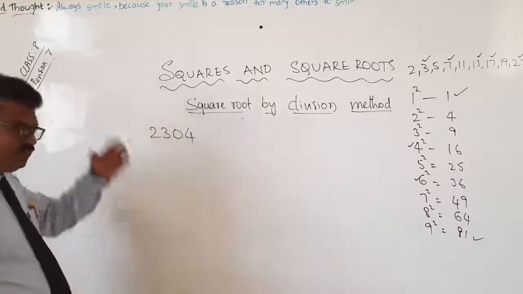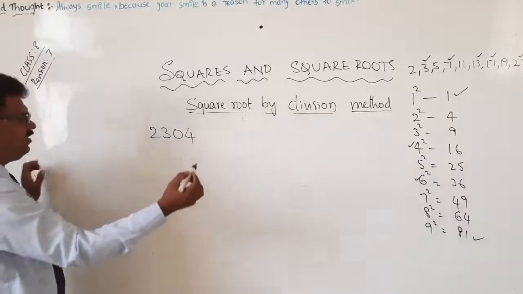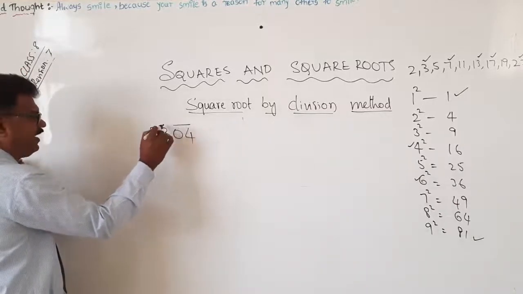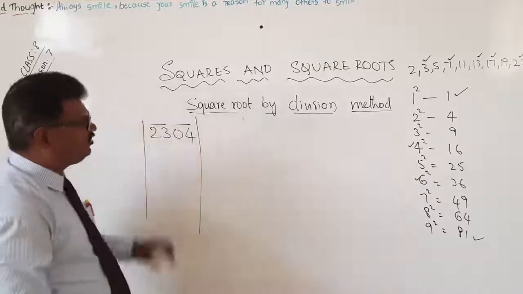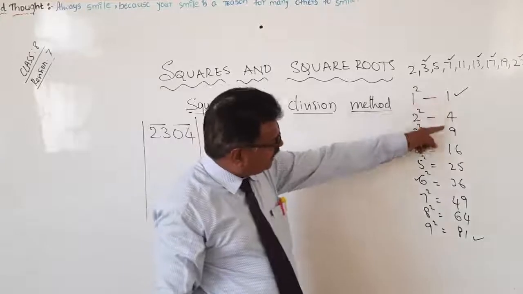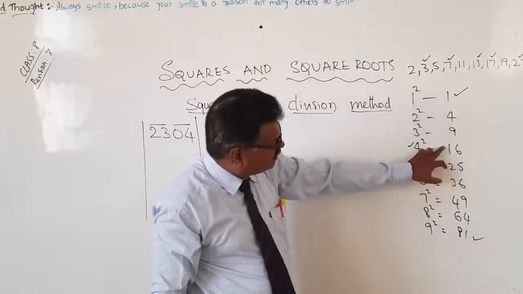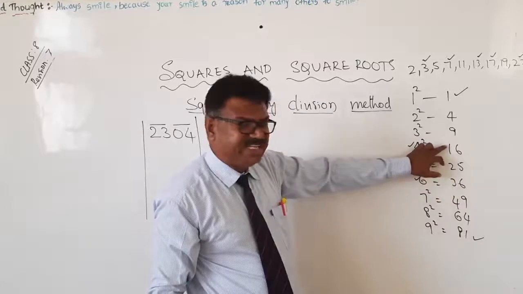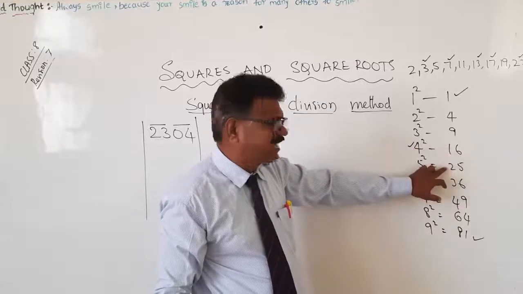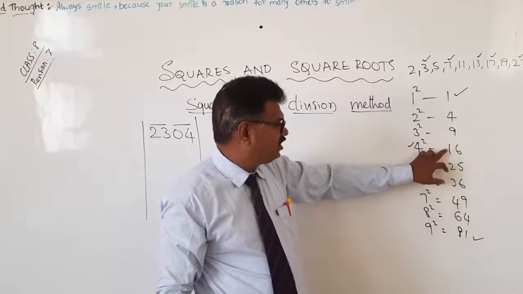2304. So first, what is the method? From right side we have 2 pairs. One pair, second pair. Now we have to see 23. Where does 23 lie here? It lies between 16 and 25. So we should take the smaller number. We are not supposed to take the bigger number. Therefore 16.